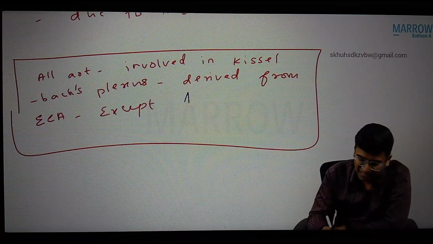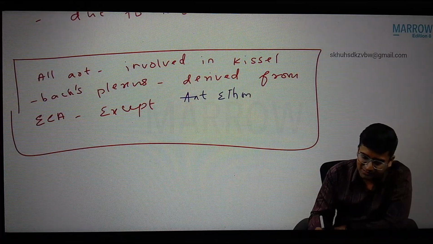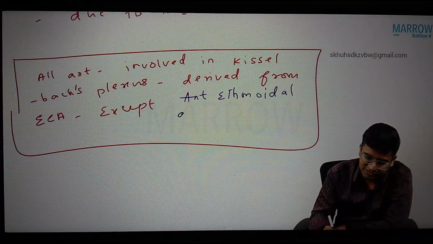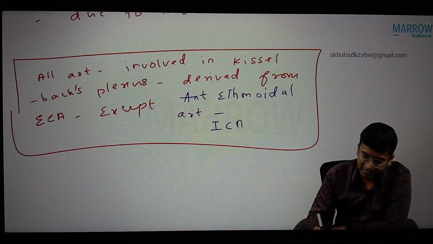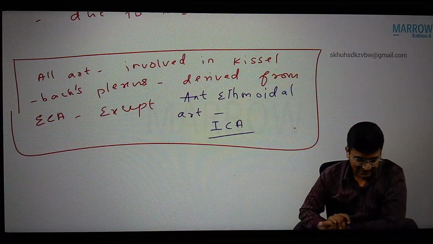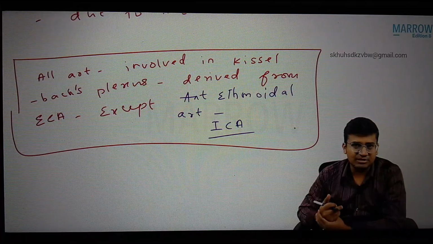Which branch? Except anterior ethmoidal artery. Now, anterior ethmoidal artery is a branch of, very good, internal carotid artery. Okay, right. So, that's all about the nasal septum.